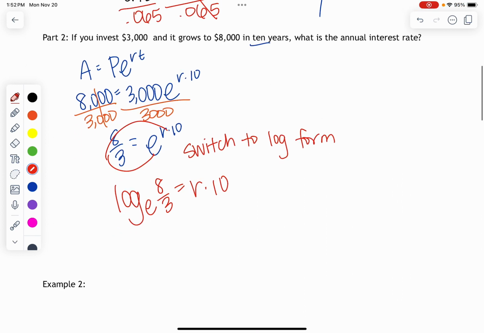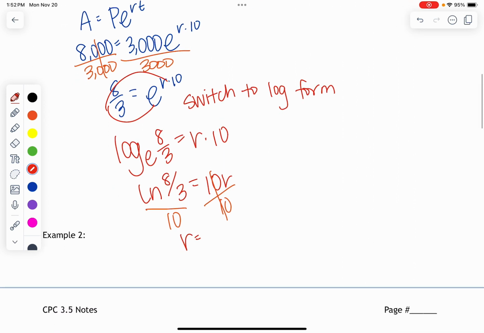Log base e is the same as ln, so natural log of 8/3 equals 10r. And the last thing I'll do is divide by 10. So I can get r by, in my calculator, taking ln of 8/3 and dividing by 10. So I got 0.0981, so that'd be about 9.8%.